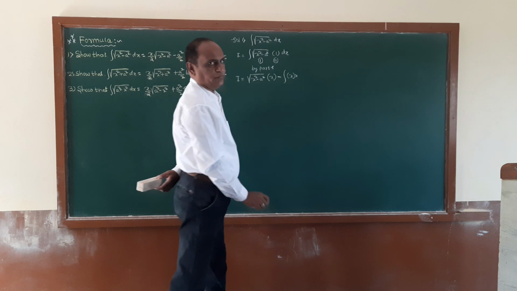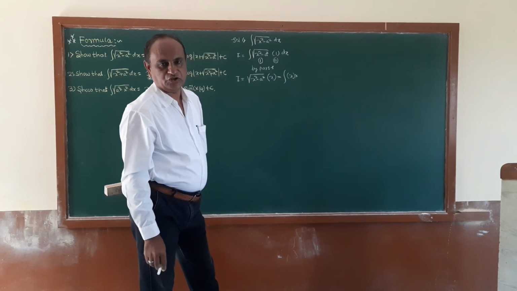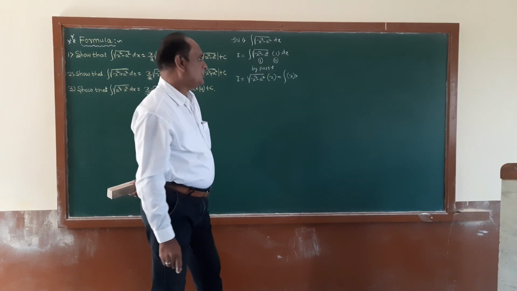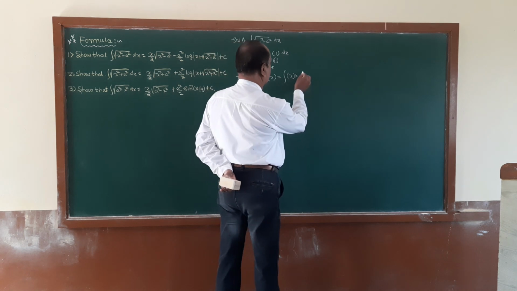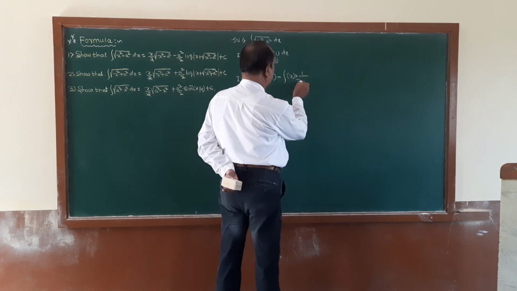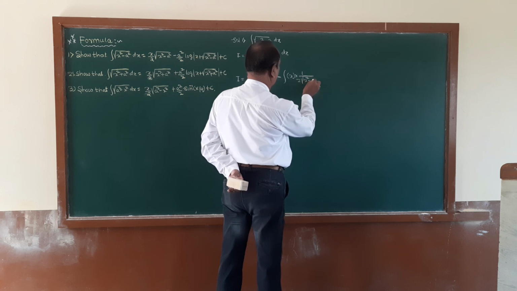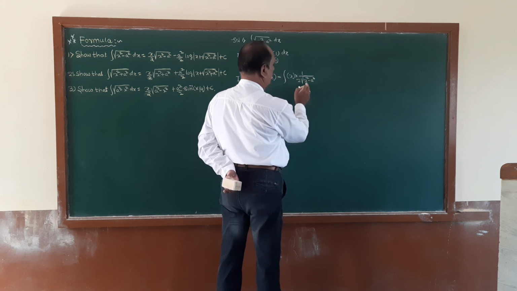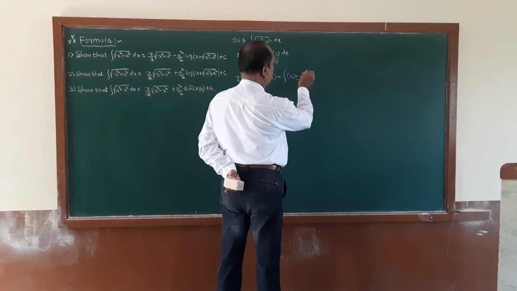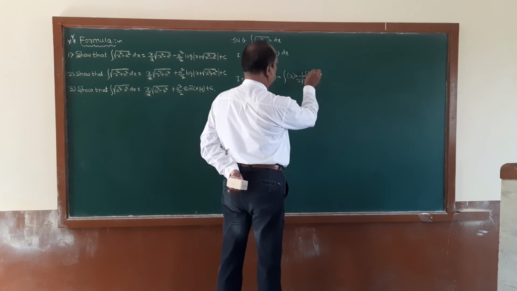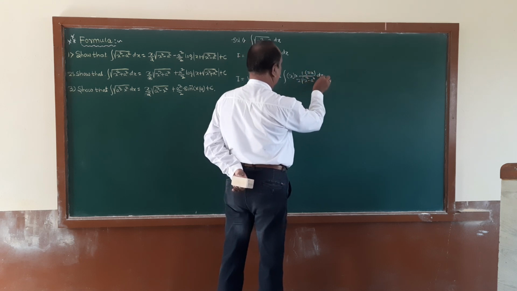The derivative of root x is 1 divided by 2 into root x, so it is 1 divided by 2 into square root of x square minus a square, into derivative of x square minus a square, which is 2x, into dx.